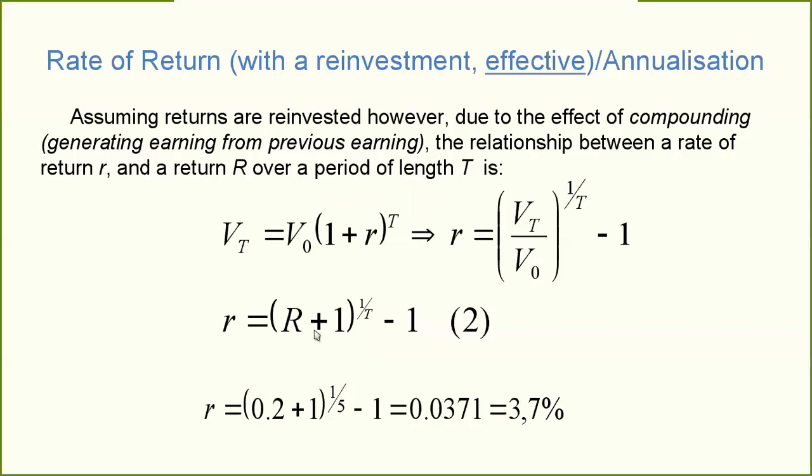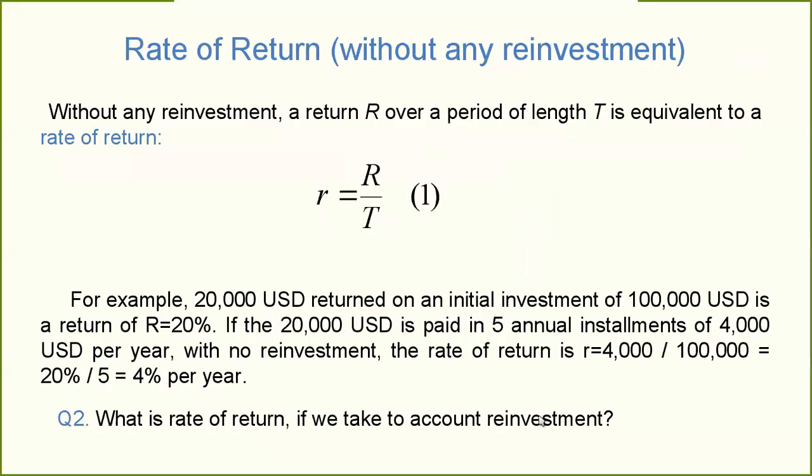By this formula, it will be 1 plus 0.2 to the power 1/5 minus 1, and it will be 3.7%. So it is different, but not the same.